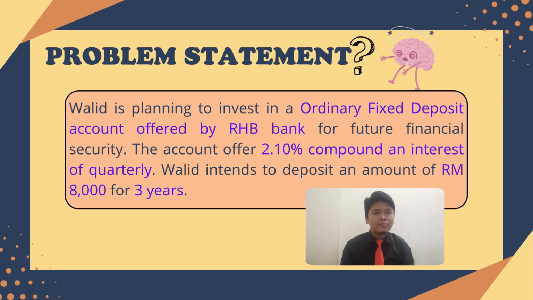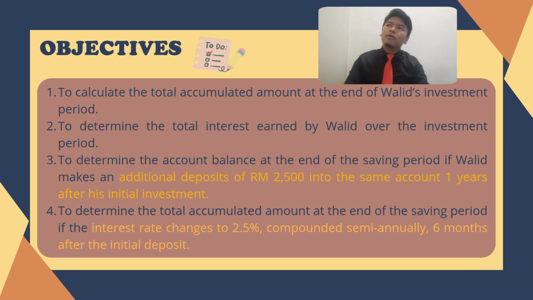The account offers 2.10% compounded quarterly, which is from the table, as you can see, whereby Walid intends to deposit an amount of RM8,000 for 3 years, whereby P is equal to 8,000 and T equal to 3 years, and as you can see, the compounded interest, or our R, is equal to 2.10%, or in decimal it will become 0.0210. That does sound complicated, right?